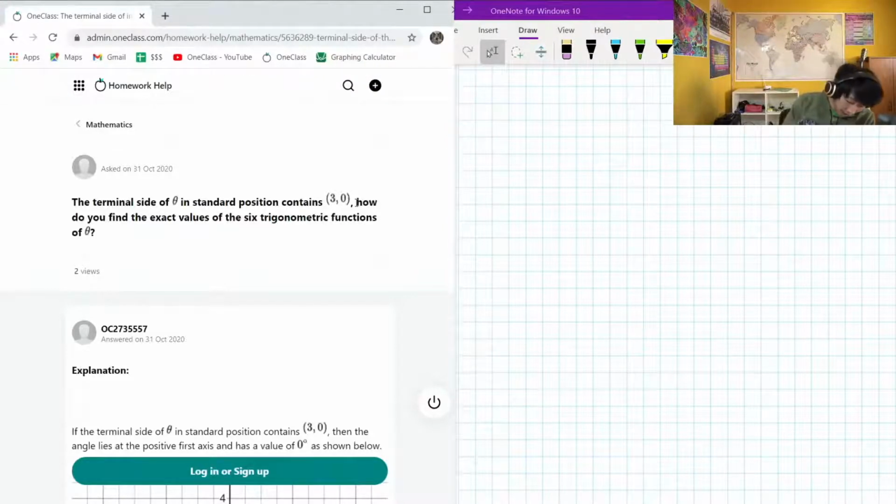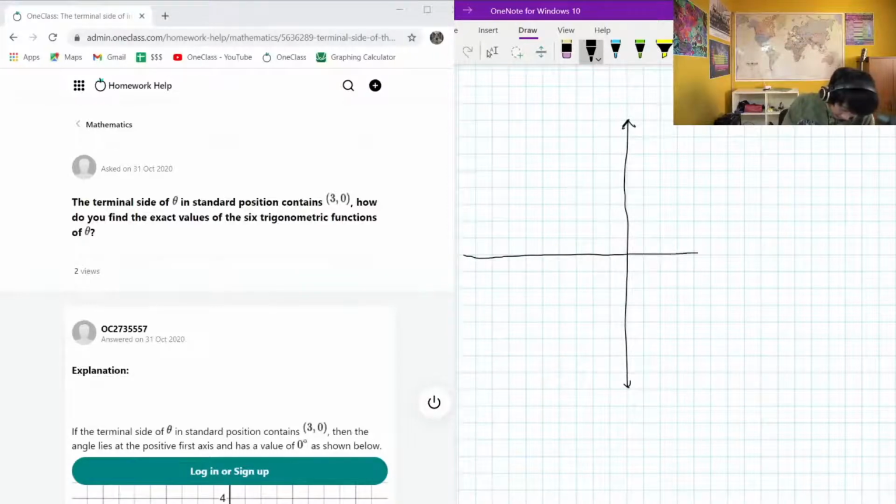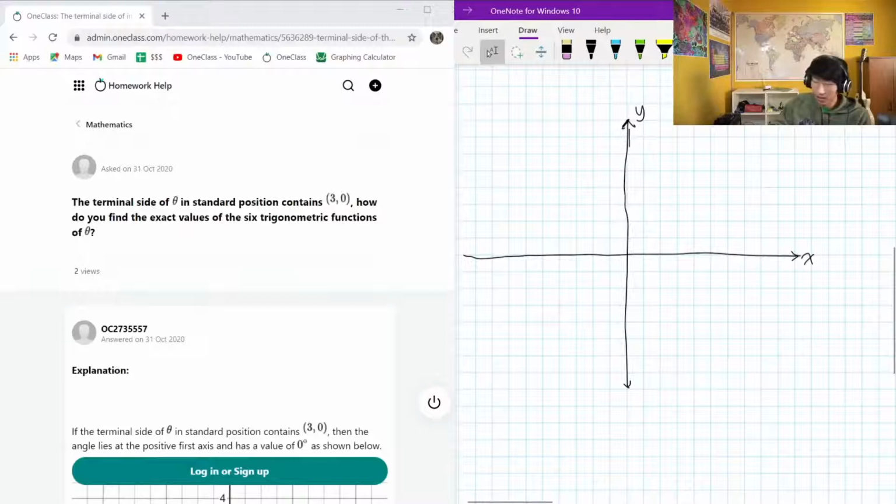Let's draw that out and see what that really means. If we were to draw an XY coordinate grid, forgive my imperfect lines. If that's the X and that's the Y, you see how the coordinate is X and Y. It says our X position is 3, so this is 1, 2, 3.